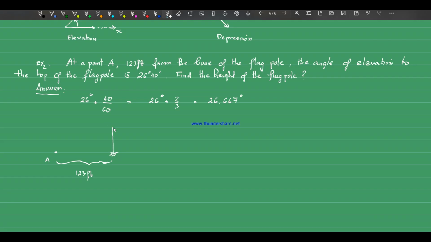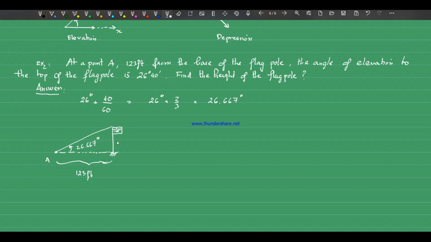And elevation to the top. So this is the top of the flagpole. This is a flag. Okay, US flag, some stripes over here. And to the top of the flagpole. And this is the ground elevation, 26.667 degrees.